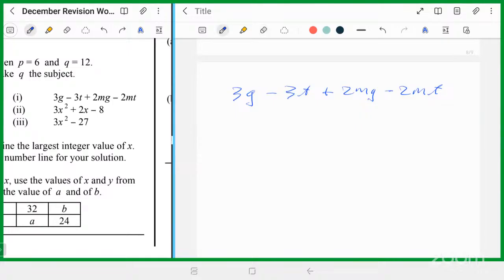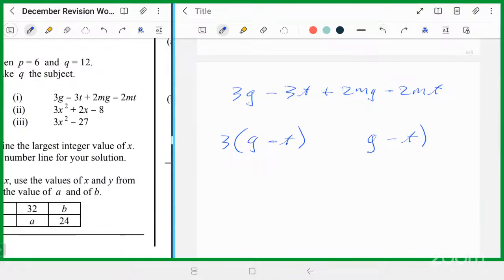You can proceed. Common factor in the first two terms is 3 into g minus t. A safe thing to do now is to put the same bracketed term over here, g minus t. Then you look at this and say, okay, if you divide that by this g, what will be factored out here now is the 2m, and it's a plus 2m.